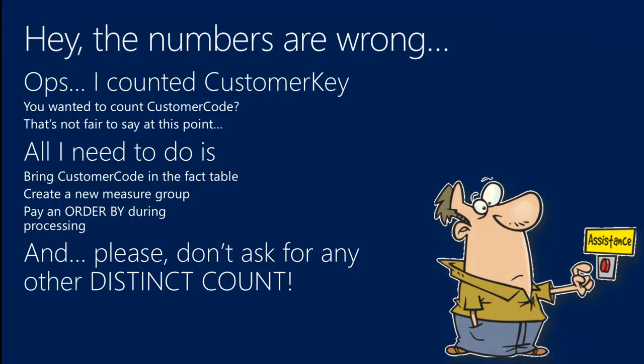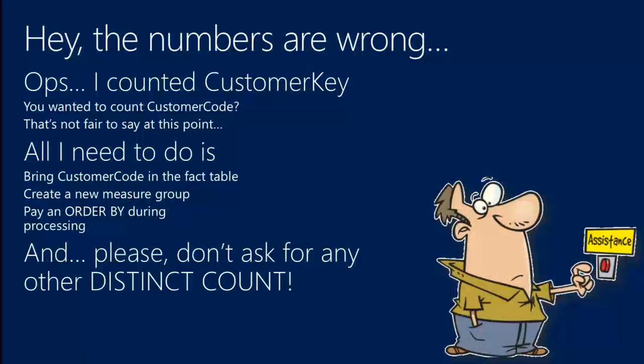Customer is a slowly changing dimension type 2, so the customer changes his key over time, but it's not two times the same customer. It's always the same customer. And I want you to do the distinct count, not of the customer key, but of the customer code, which is another column in another place.